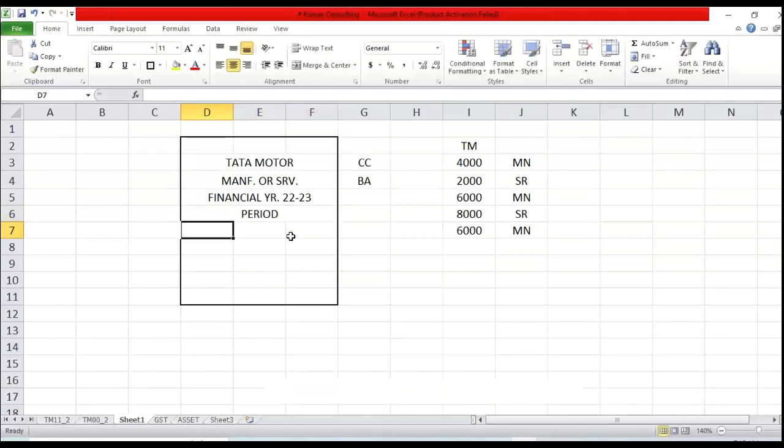Period is nothing but month. It belongs to which month? These things also we have to set up in SAP. What we are going to set up and how, we'll see in basic settings.